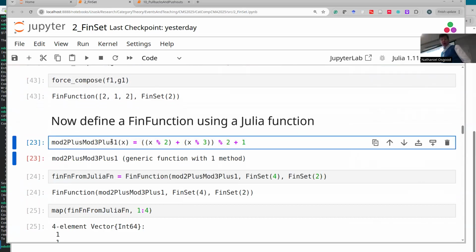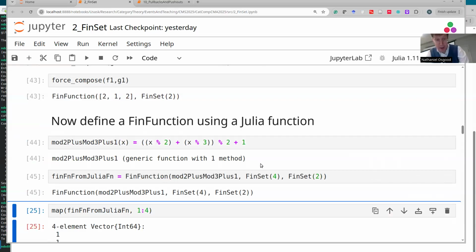Now getting to some of Arthur's questions, we can define fin functions more generally than this. That was a particular syntax rooted more in the idea of working with the skeleton of FinSet, where we only have one set of size 2, one of size 3, one of size 4. Here we can define an arbitrary Julia function, and we can declare a fin function based on that.